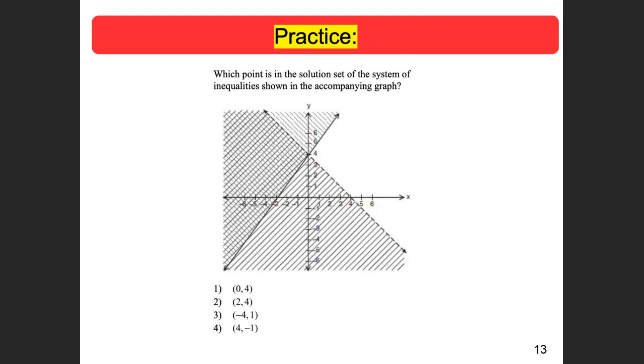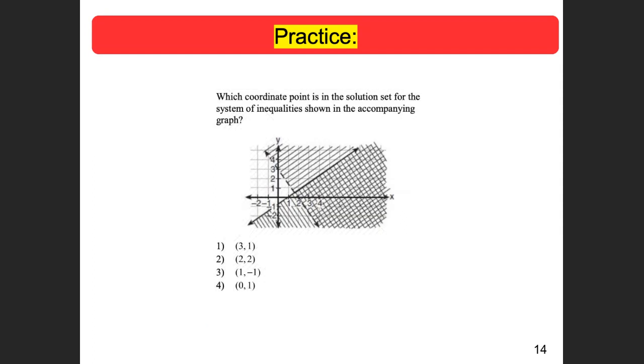I was looking at this first one, 0, 4. 0, 4 is right here. But then again, this is a dotted line here. So if it's a dotted line, it would not be in the solution. So -4, 1, I would agree with. It would be in the shaded region. Which coordinate point is in the solution set?